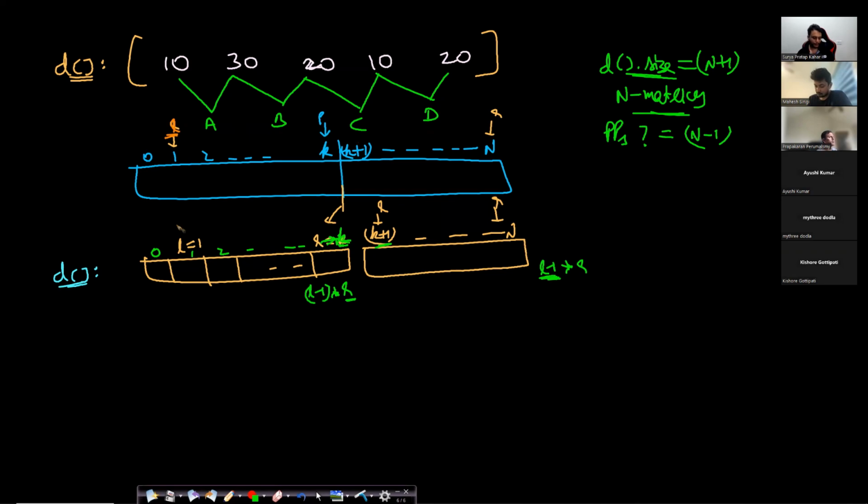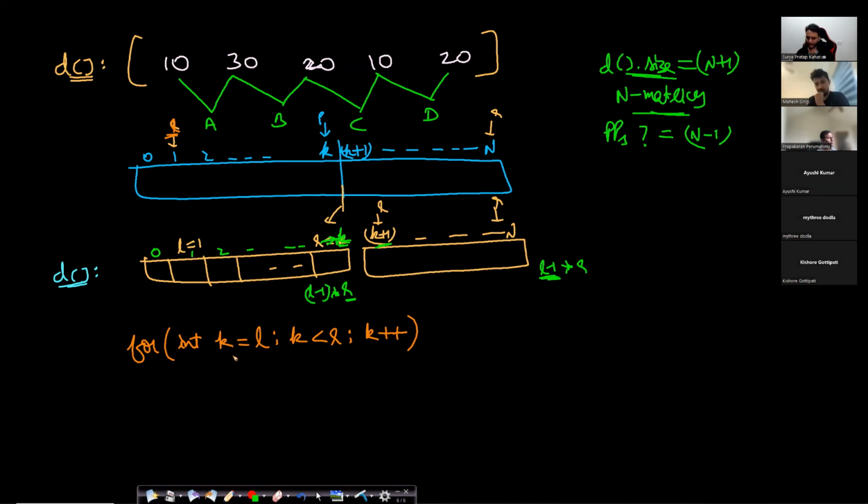If I have to try out all partition points, can I do that? Within a for loop, I can do it, right? So for integer partition point K, whatever you take, let's take K equals L to K less than R, K plus plus, and this will create all possible partition points, right?